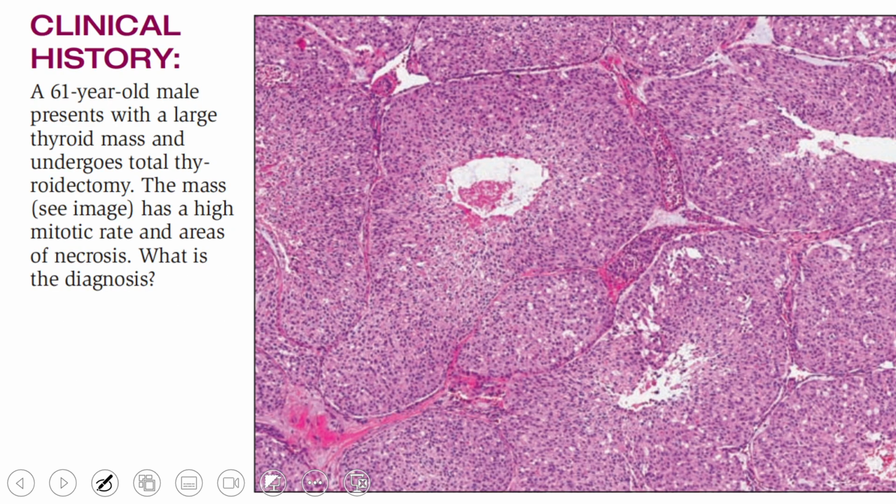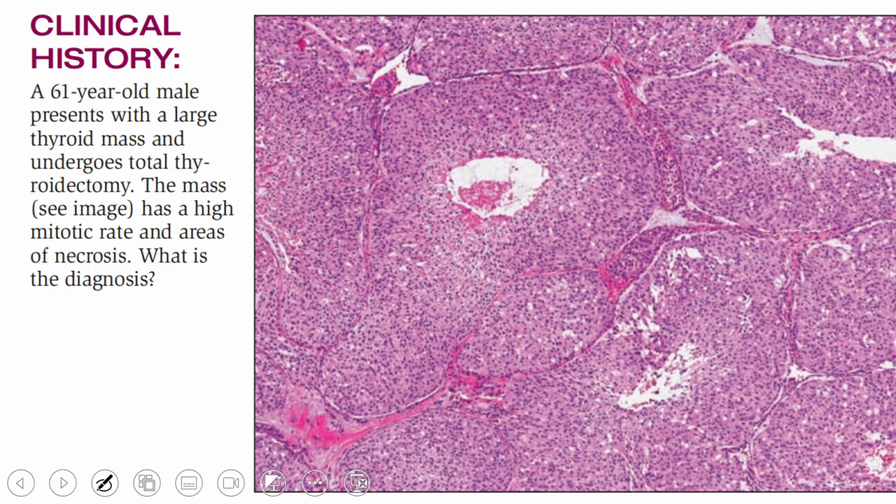The next clinical scenario is a 61-year-old man presenting with a thyroid mass and undergoing total thyroidectomy, and the mass has a high mitotic rate and areas of necrosis. From these microscopic features, what can we see here?